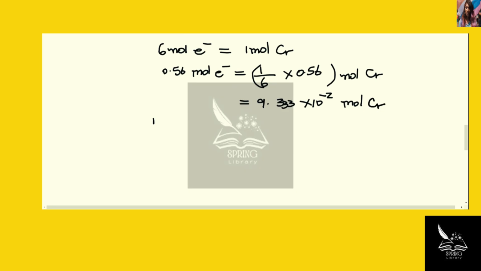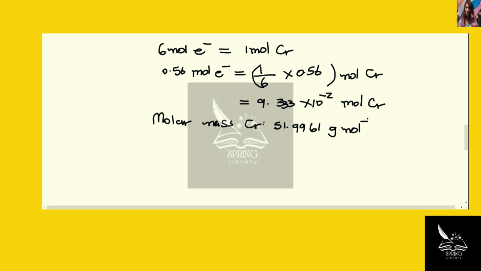As before, we need to figure out what is the molar mass. So the molar mass of chromium is equal to 51.9961 grams per mole.